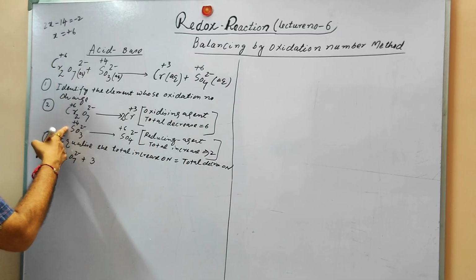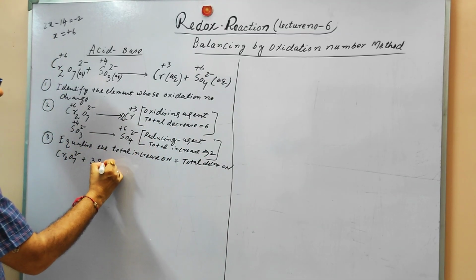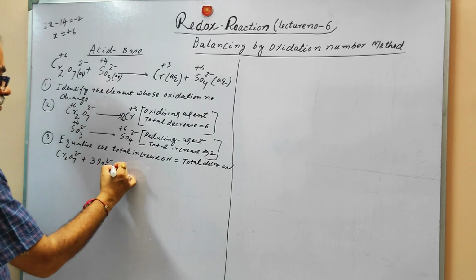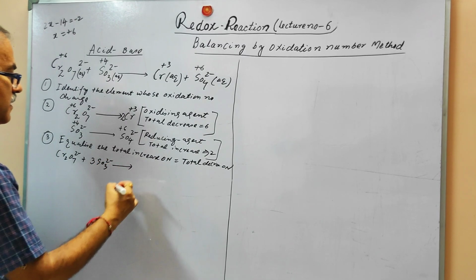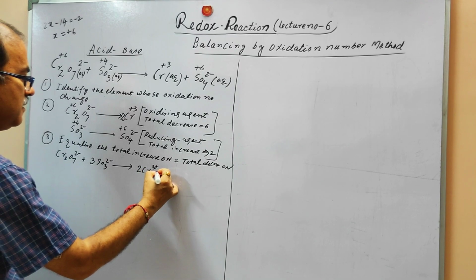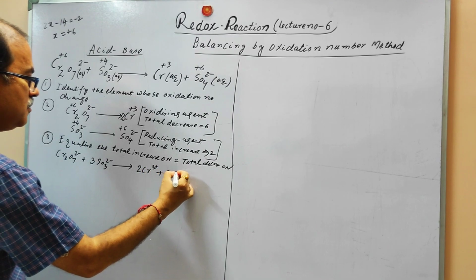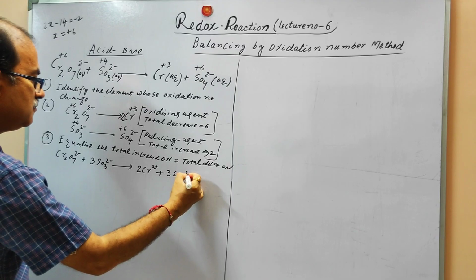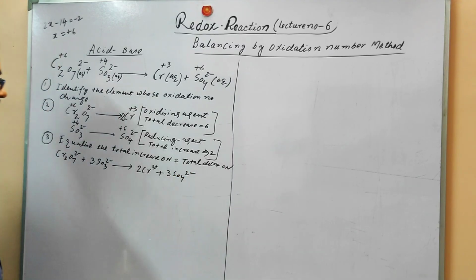So we have to multiply with 3. So 2 minus, and on the right hand side it will be 2 Cr3 plus, then 3 SO4 2 minus. Right?